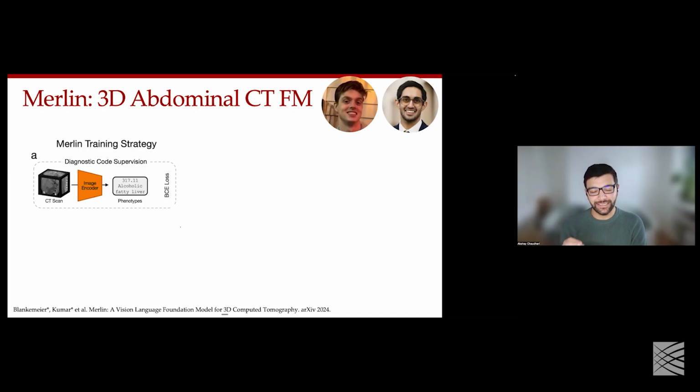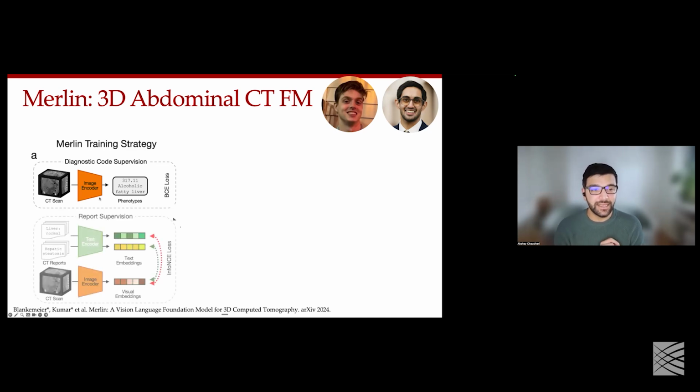Here, we're using the ICD codes as weak supervision because we want to learn general-purpose representations with this image encoder. Then we also have this multimodal CLIP-style loss, where we take the embeddings that come from an image encoder, take the embeddings that come from a long-form CT report, and try to project them to be similar. This methodology is known as contrastive learning, CLIP-style learning.